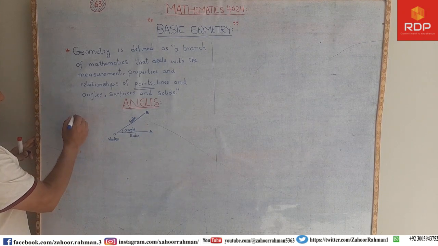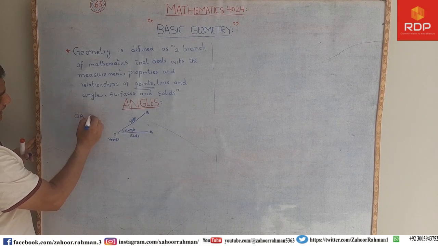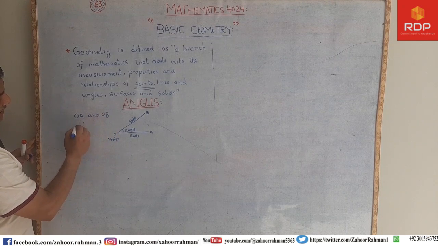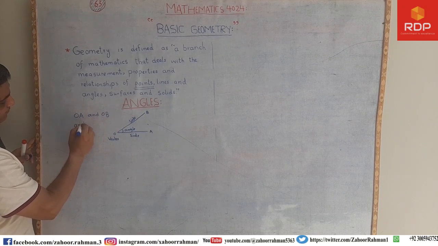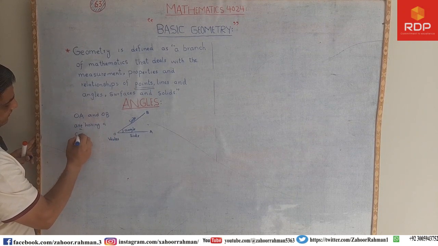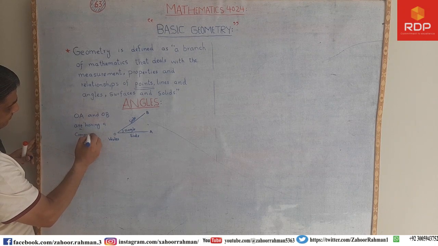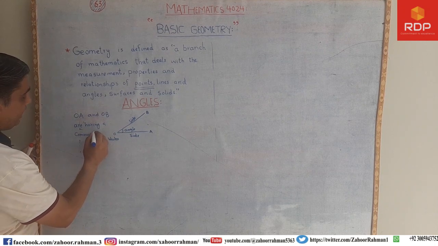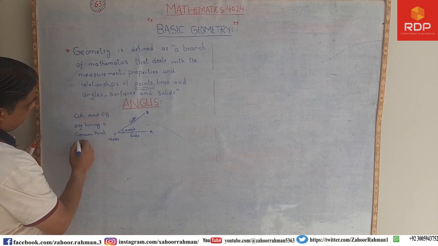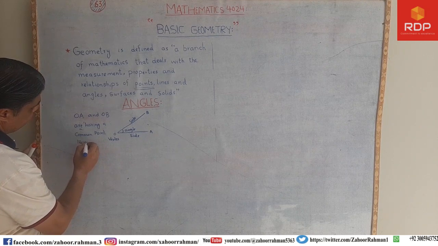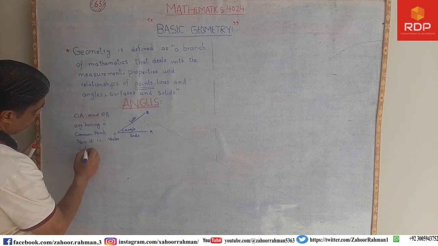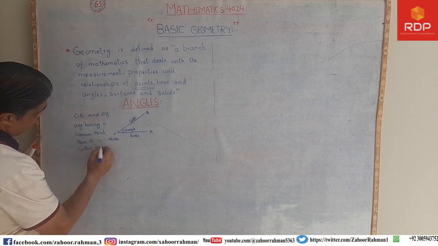When two rays OA and OB are having a common point, then it is called an angle.